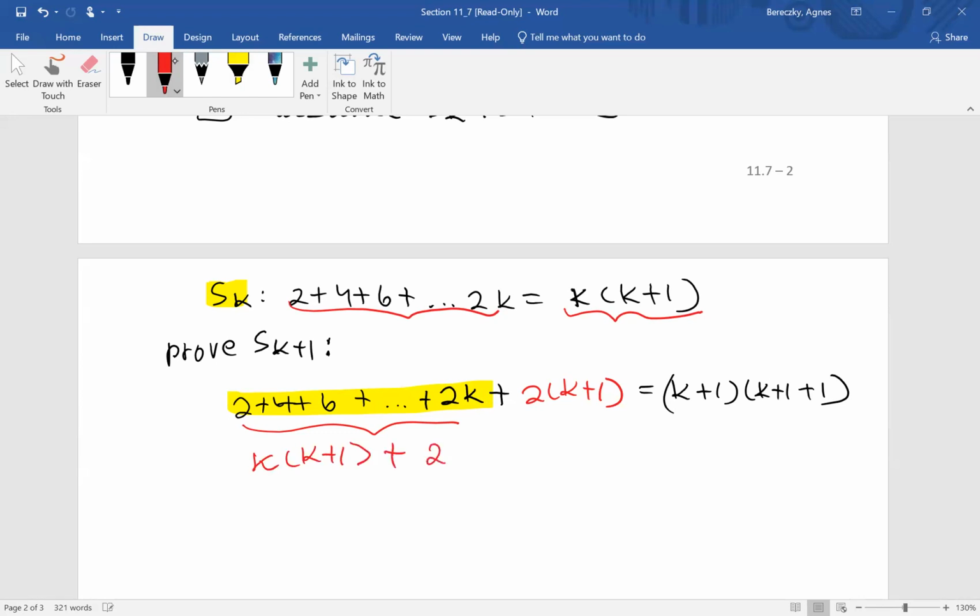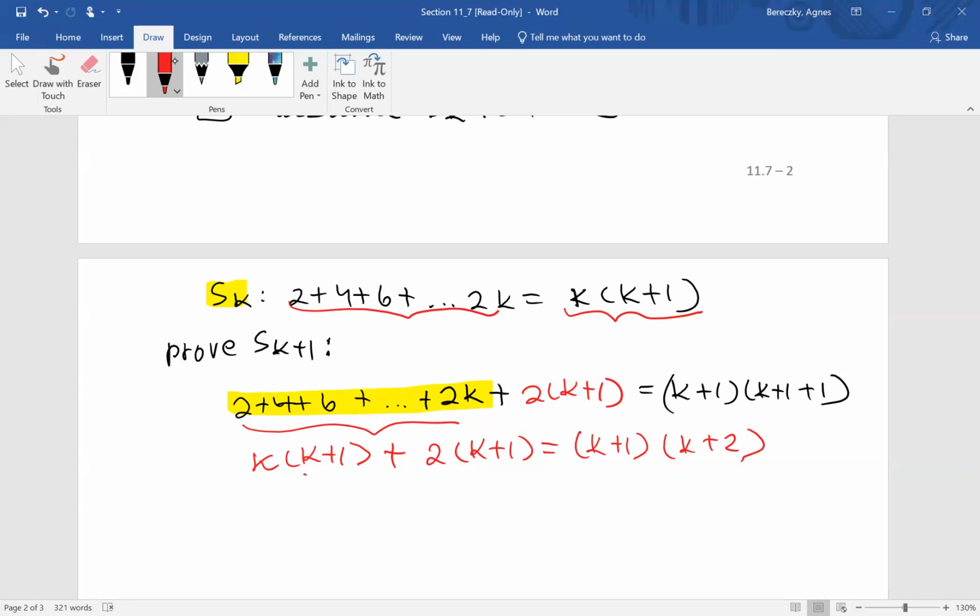And of course, we have this last term because we are assuming that was true. And then we have k plus 1 times k plus 2. If we prove that the left-hand side and the right-hand side of the equation are the same, then we are done with the proof.